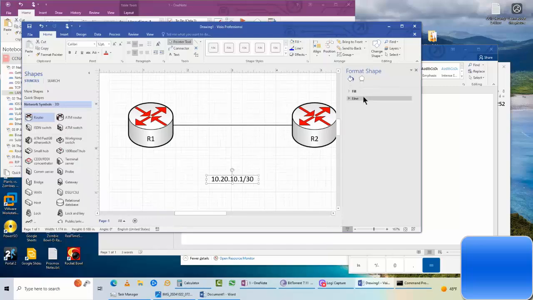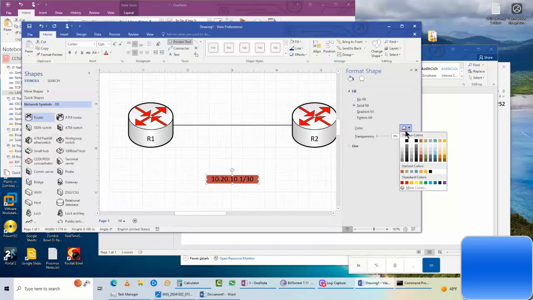Format shape. Go ahead and fill. Solid fill. Go ahead and change that color, and we'll make it a green. Green's always my favorite color when doing this. Okay. So now, I'll teach you something real quick. You have theme colors and you have standard colors. If you are creating a document, you need to know the difference between these two.